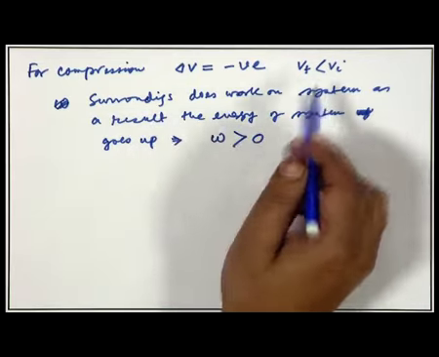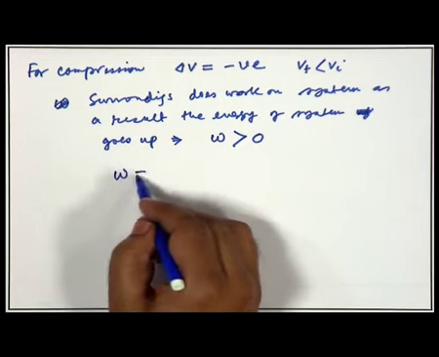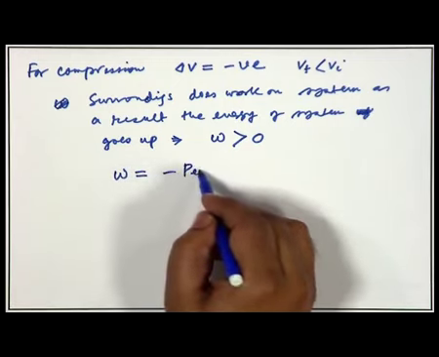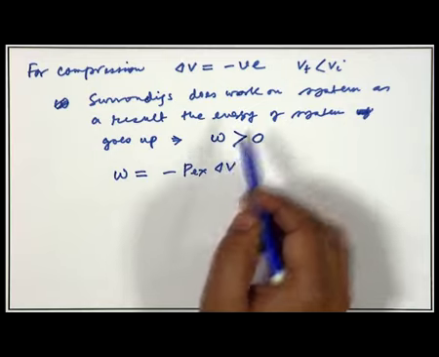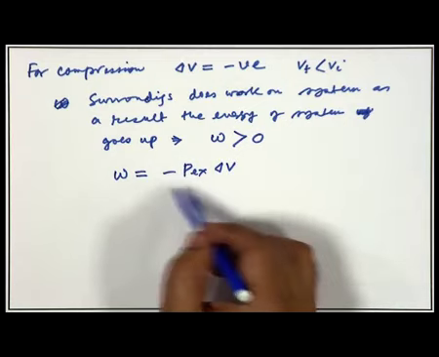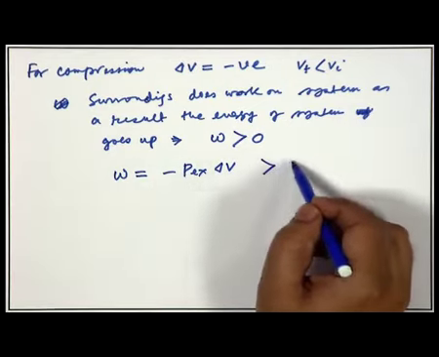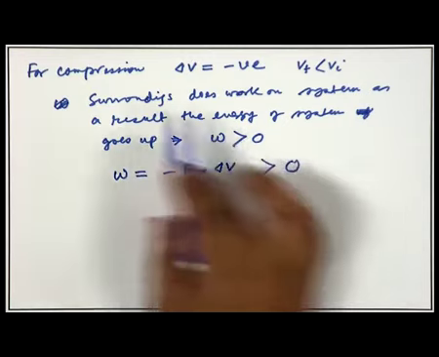Okay. So, if we write the expression W is equal to minus P ex del V, because del V is negative, this will turn out to be a positive number for compression.